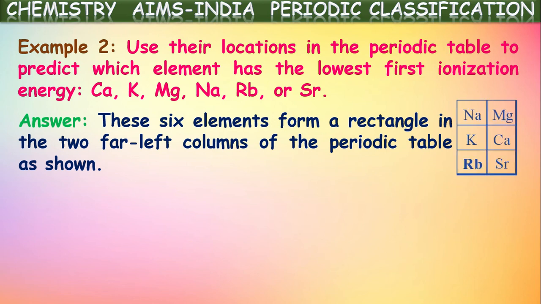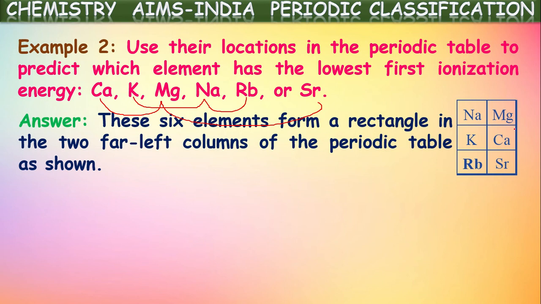Of course, these elements belong to alkali metals and alkaline earth metals, isn't it? Potassium, sodium, and rubidium belong to the first group, alkali metals. And next calcium, magnesium, and strontium, these three elements belong to alkaline earth metals. If you position these in the periodic table, they form a rectangle like this.